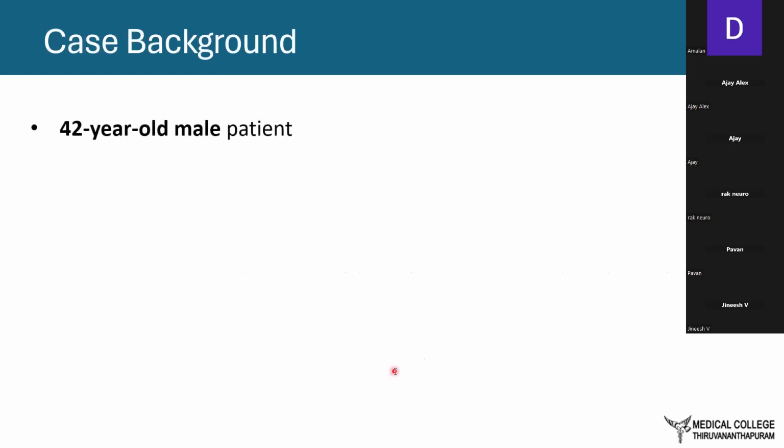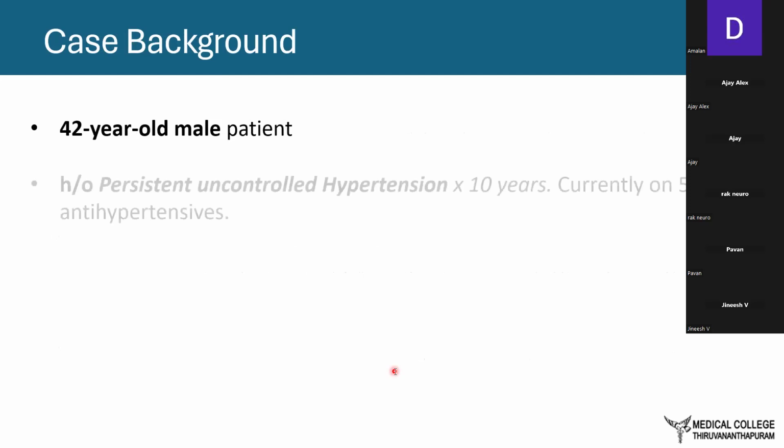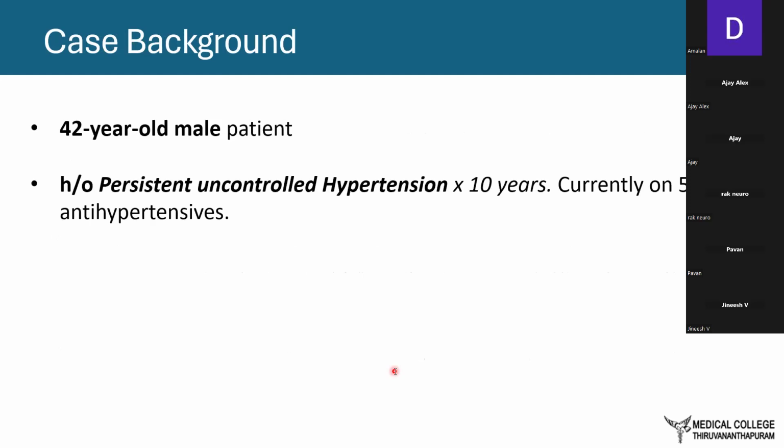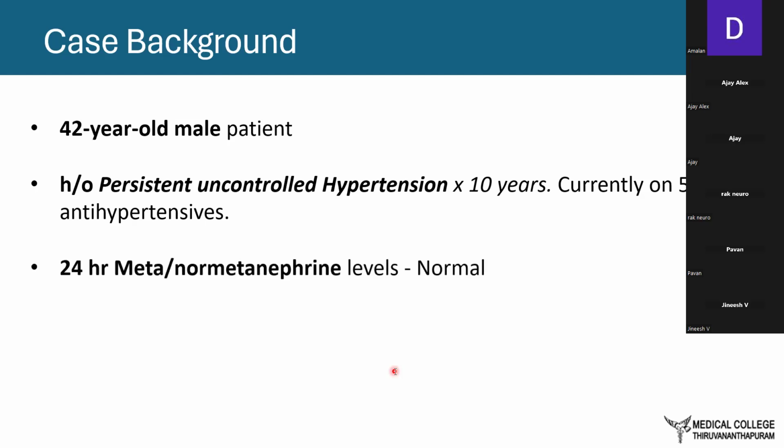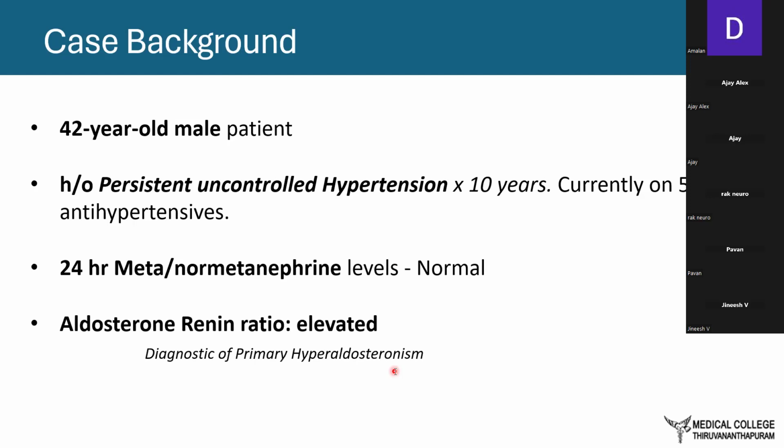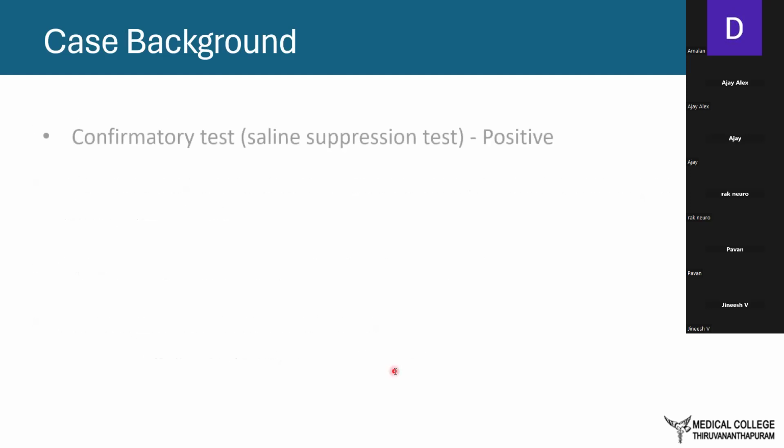So this was a case of a 42-year-old male who had a history of persistent uncontrolled hypertension for about 10 years and was on about 10 antihypertensives. After the initial evaluation, including renal artery Doppler, all vascular causes were ruled out. On endocrine evaluation, the aldosterone-renin ratio was elevated, which was diagnostic of primary hyperaldosteronism.